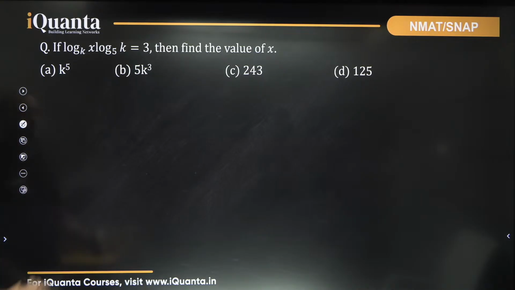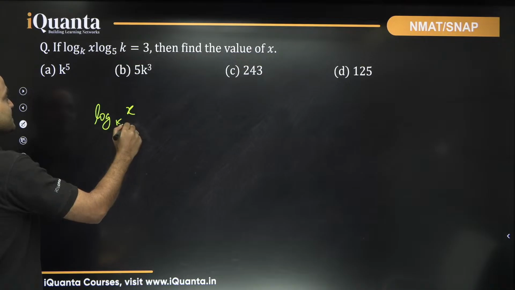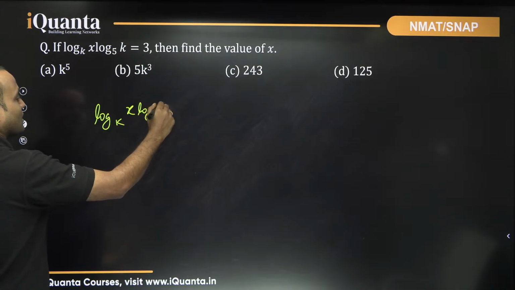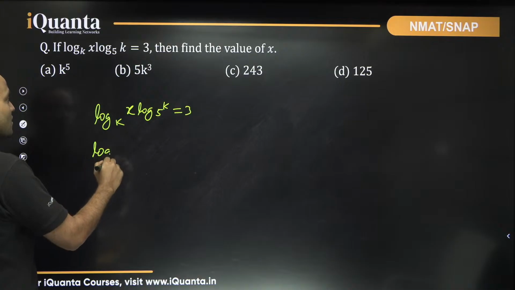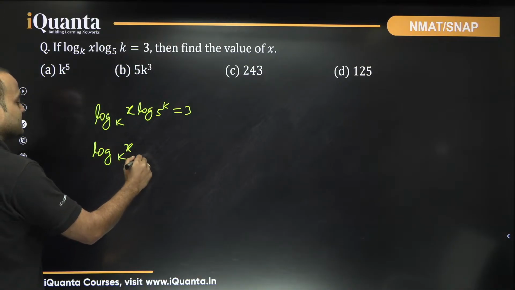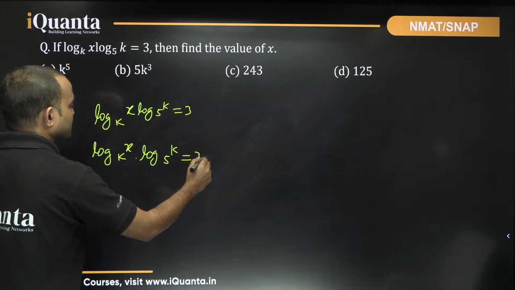Now what do you think? This expression says log x to the base k, log k to the base 5 is equal to 3, or log x to the base k into log k to the base 5 is equal to 3.